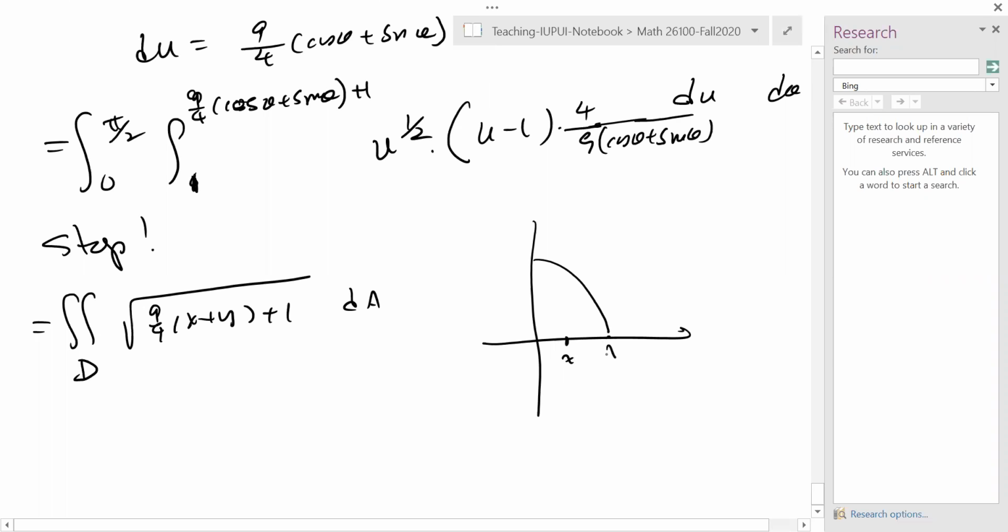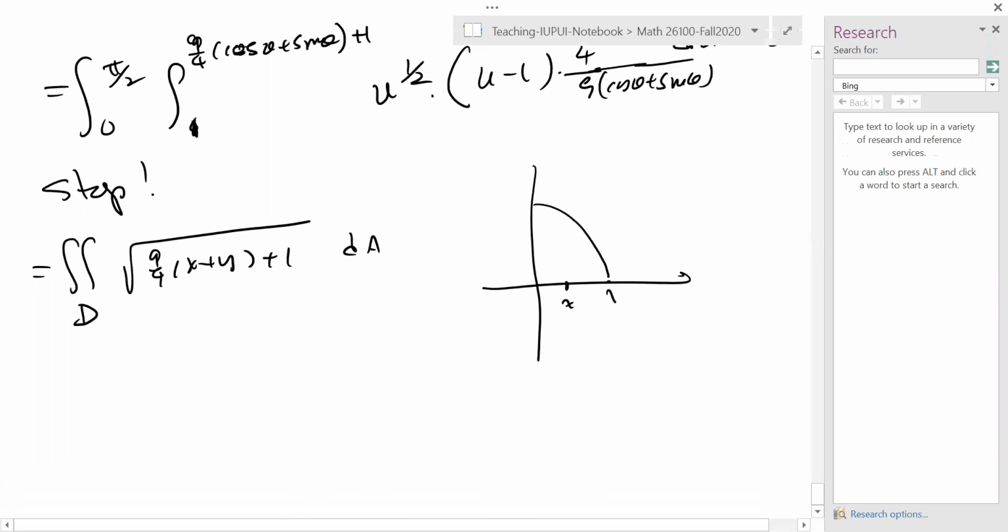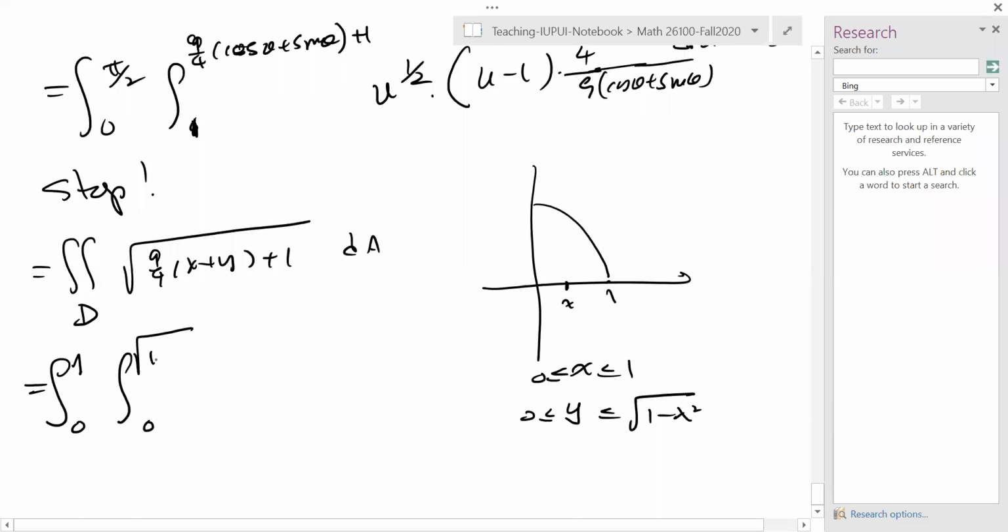It's not always the case that you can find an exact value for any surface. So this is a double iterated integral. x is from 0 to 1, but y is between these two. So it's going to be the integral from 0 to 1, integral from 0 to square root of 1 minus x squared, of the square root of 9/4 (x plus y) plus 1 dy dx.